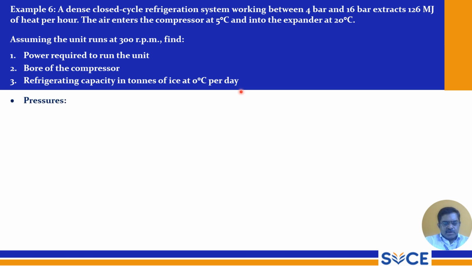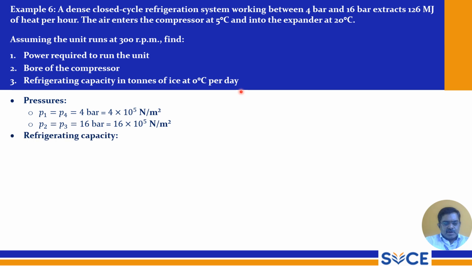These are the given data. P1 equal to P4, 4 bar, and P2 equal to P3, 16 bar, and we have refrigerating capacity Q equal to 126 megajoules per hour, that is equal to 2100 kilojoules per minute.